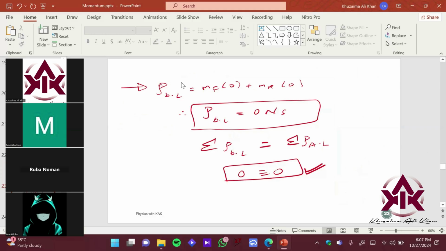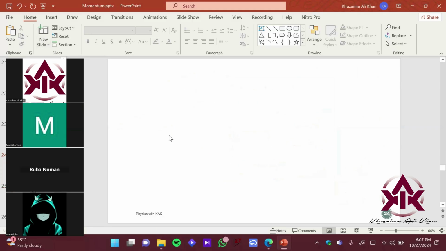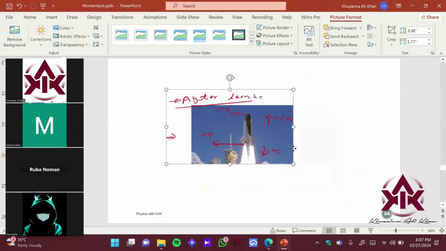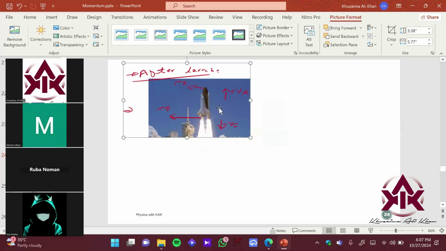Let me insert a blank slide over here. Now, if you apply the equation of momentum after launch, it is as follows.